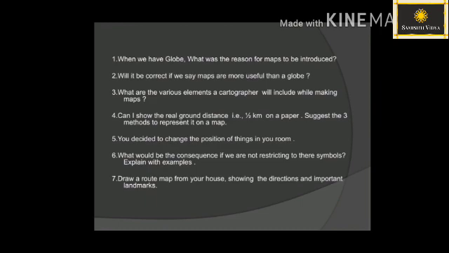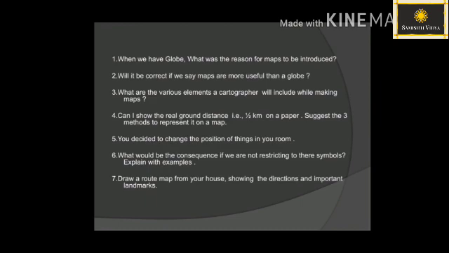Fourth question. Can you show the real ground distance on paper? Suggest the 3 methods to represent it on a map. Fifth question. If you want to change the position of things in your room, like study table to the east, photo frame in west, cot to the south, and wardrobe in north, if you know the north, will it be easy to find the other 3 directions?